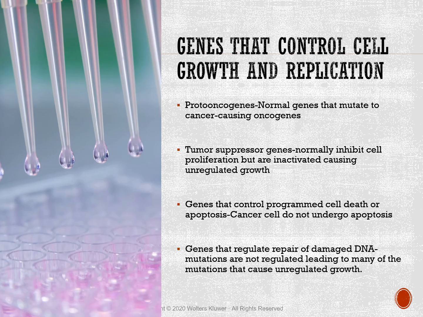Okay, so the next thing we're going to talk about is some of the genetic and environmental etiologies of cancers themselves. So we'll start by talking about the different genes and how they control cell growth and replication, and how that relates back to some of the characteristics and things that we saw as that tumor growth starts to occur.